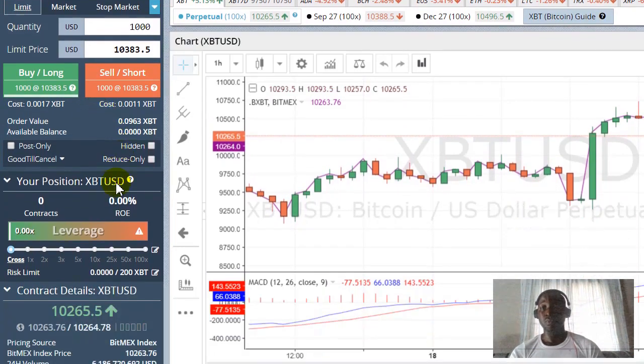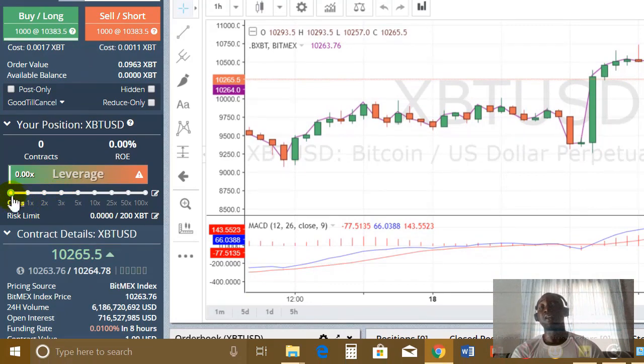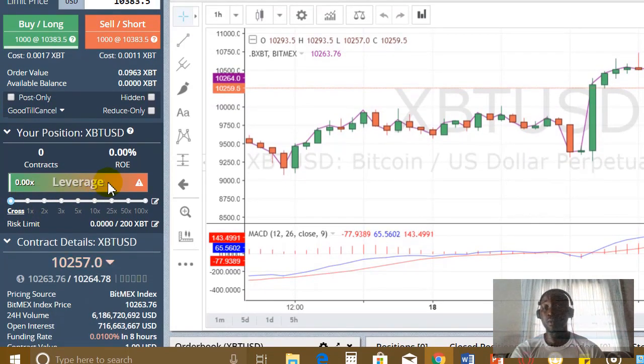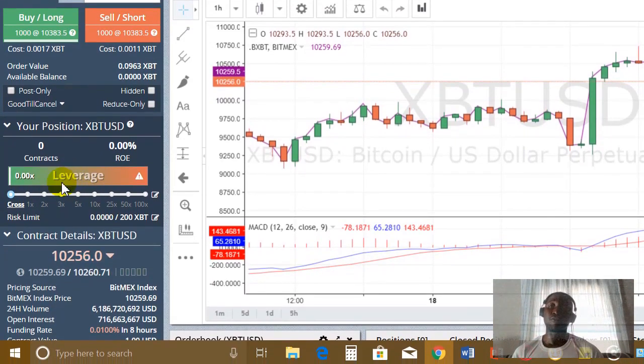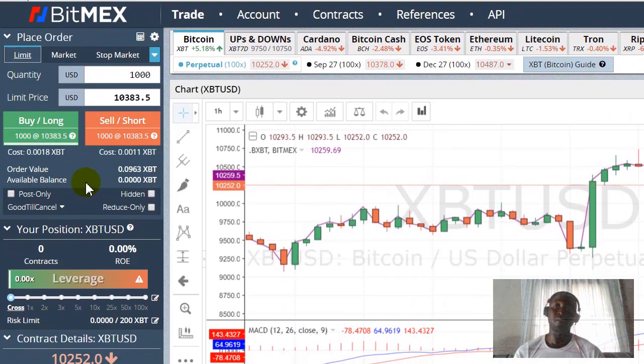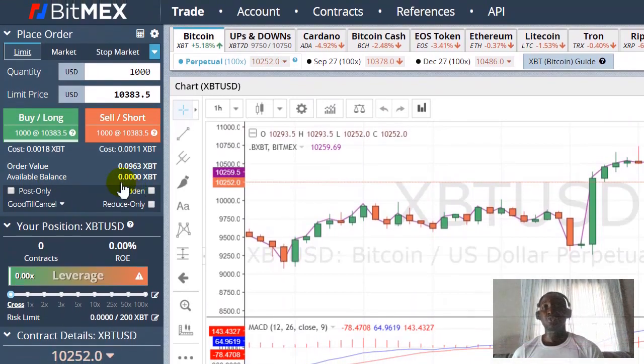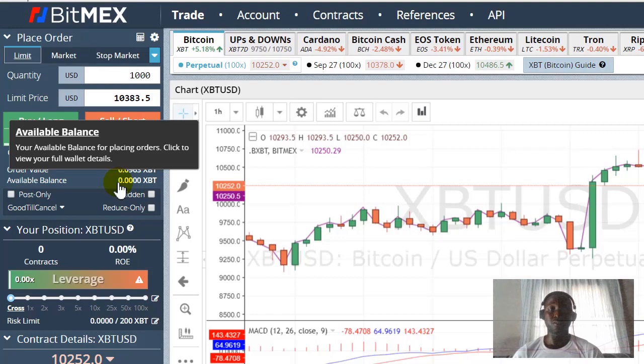So cross leverage is very risky, in the sense that if your quantity is closer to the available balance in your account, it's going to reduce the distance between your entry price and liquidation price, and with that you can easily get liquidated and lose all your money.